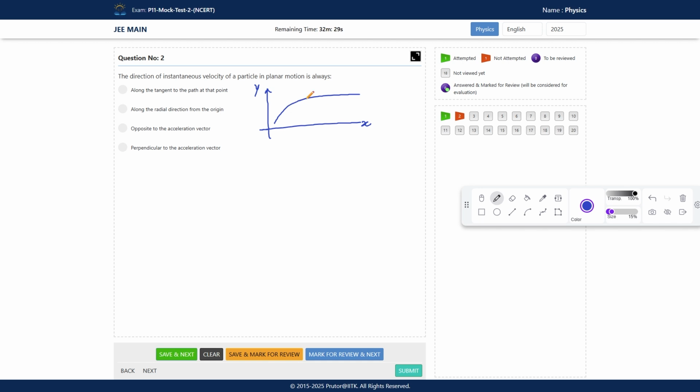So suppose the path is this one and the point is this one. So the tangent is like this. So this shows the velocity. So A is correct. Now submit, save, and next.